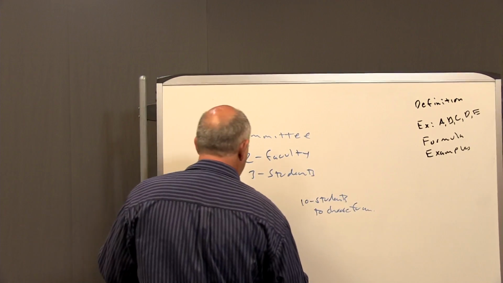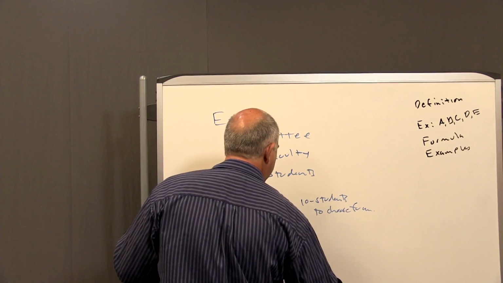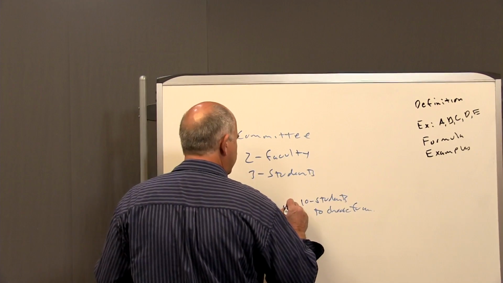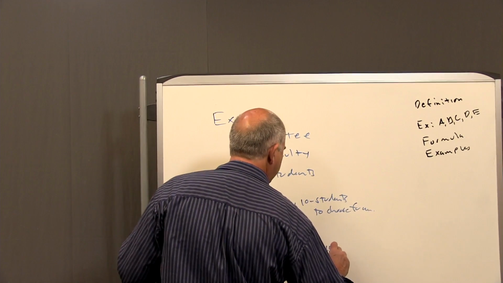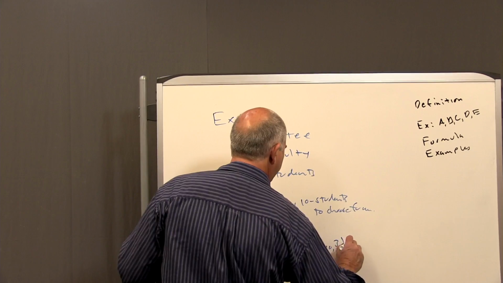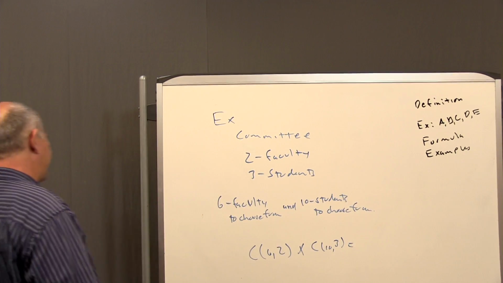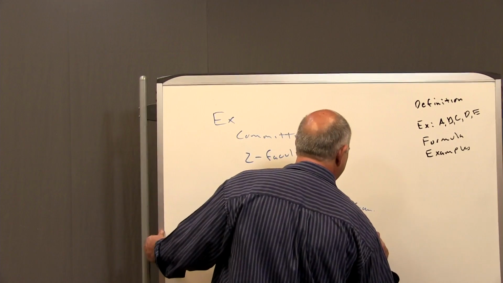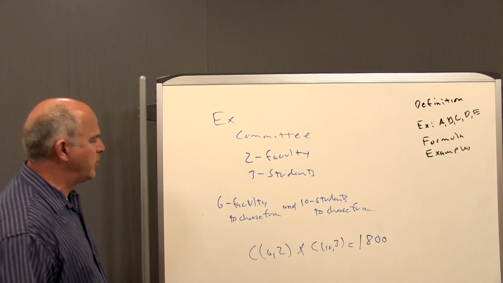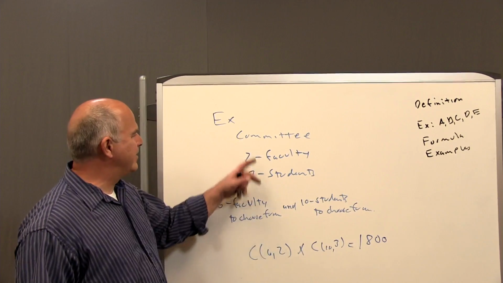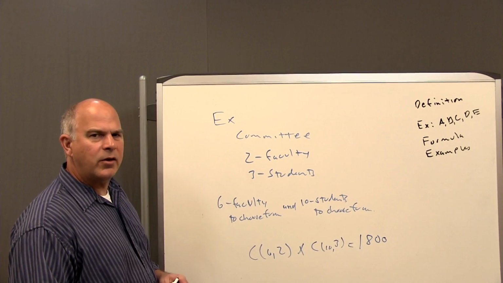So this is going to be C of 6 comma 2 for the faculty, times C of 10 comma 3. And that final answer is 1,800. Because I dropped my calculator, I cheated and looked it up in the book. 1,800. And this is a typical combination style question.